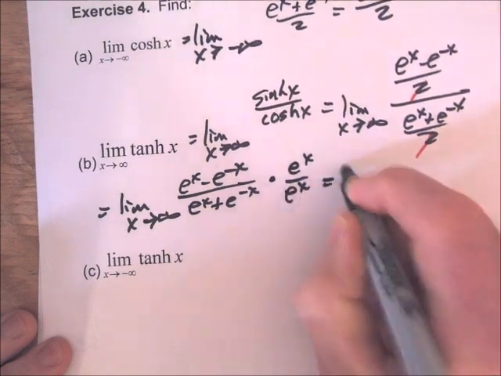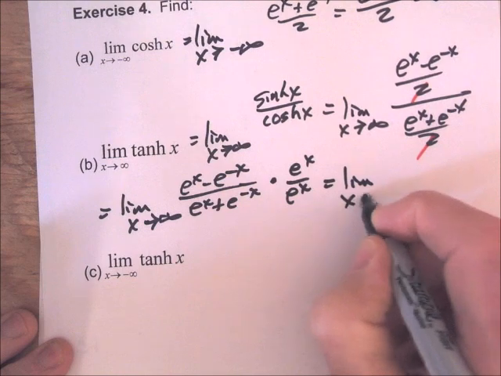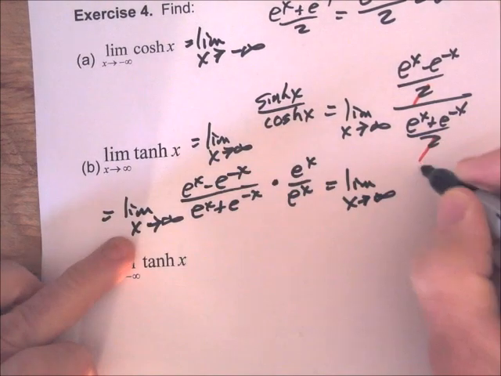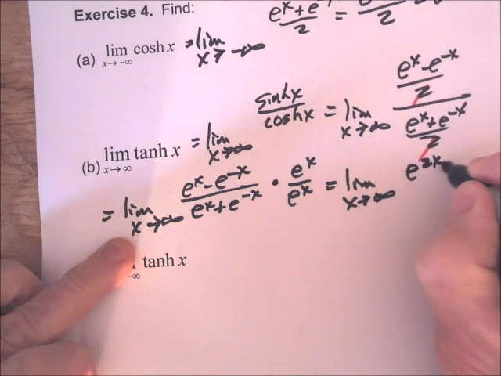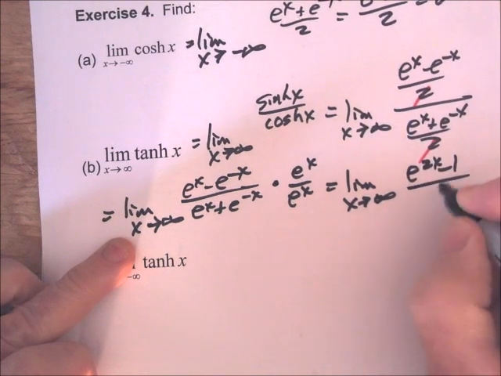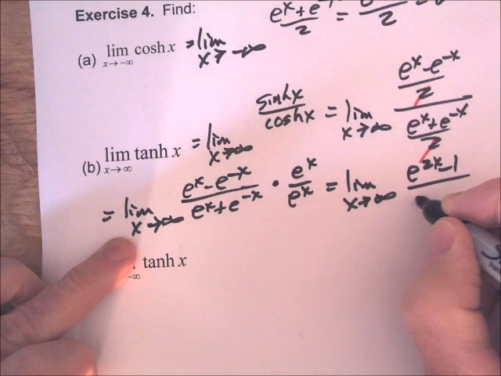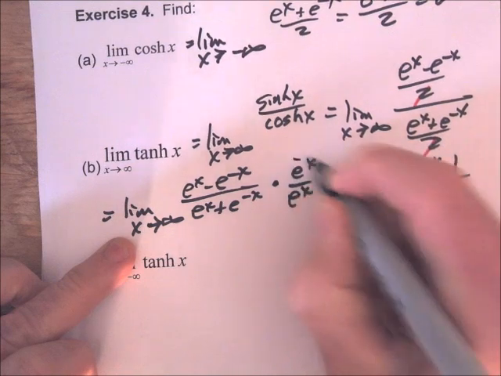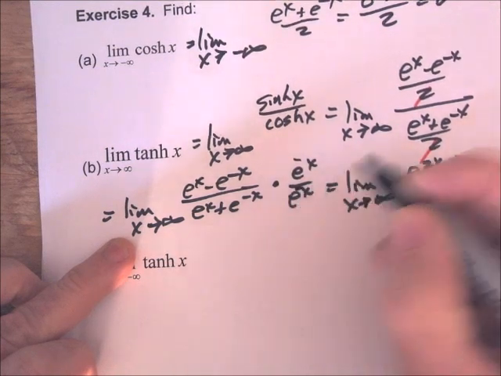That'll give us the limit as x goes to infinity of, if we distribute the e to the x, we'll have e to the 2x minus 1 over e to the 2x plus 1. Actually, no, I want to multiply by e to the minus x.